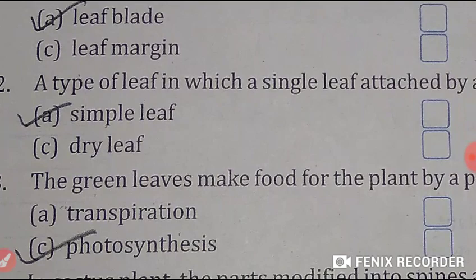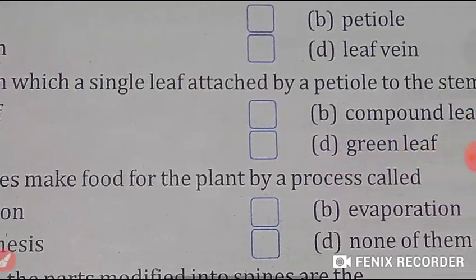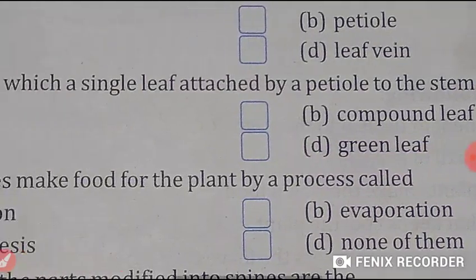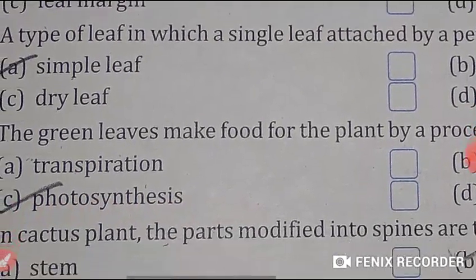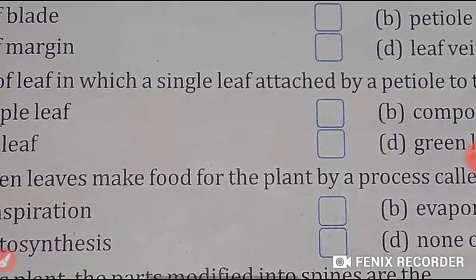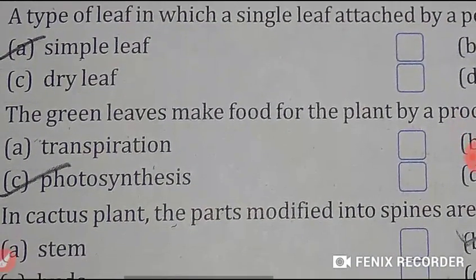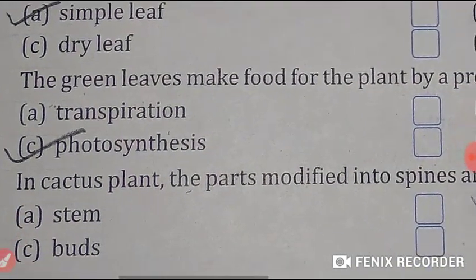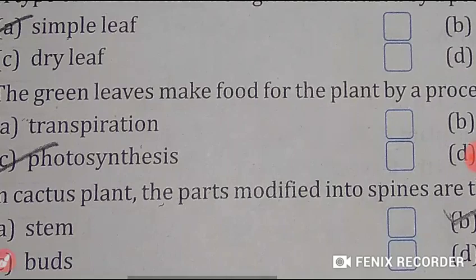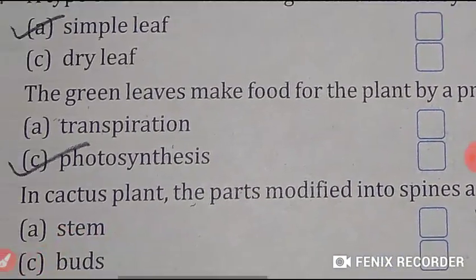Second, a type of leaf in which a single leaf is attached by a petiole to the stem. What is that known as? Simple leaf, dry leaf, compound or green leaf? Simple leaf is the answer. The green leaves prepare the food for the plant by a process of what?